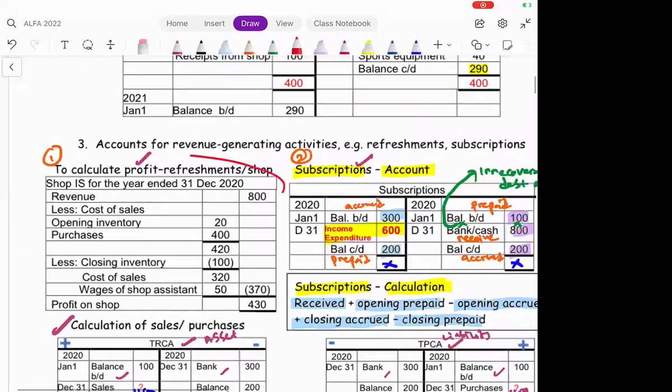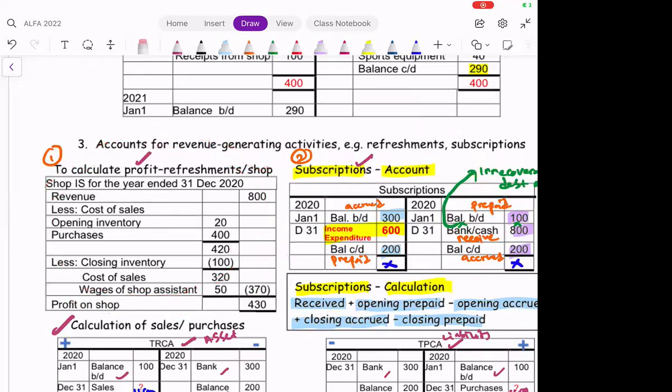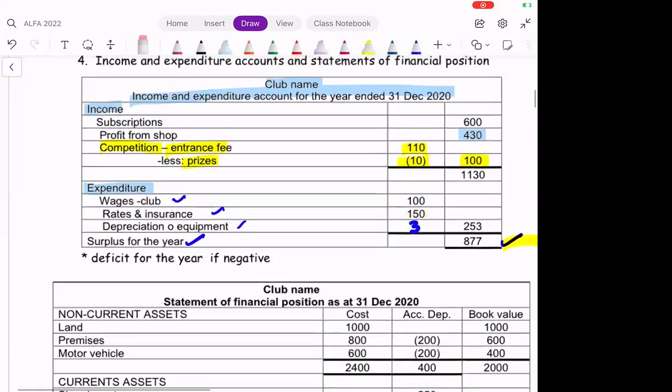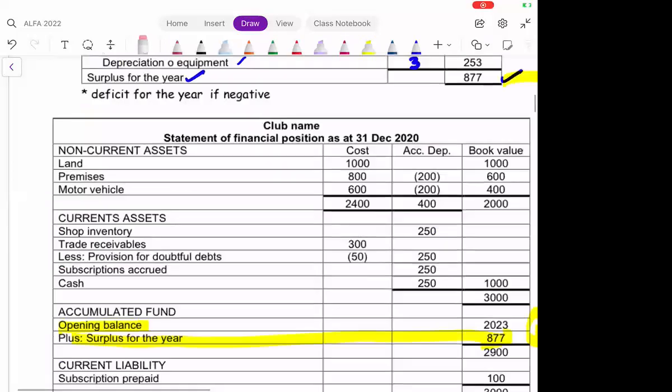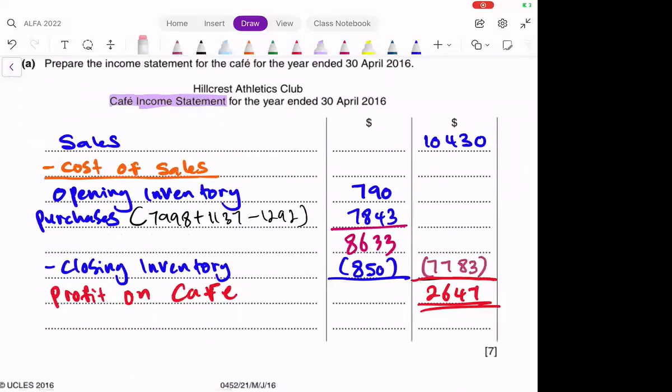Now we are doing an income statement, so we write profit or loss on the cafe or shop. Whenever we do the income and expenditure account, only then will we have a surplus or deficit. Two different accounts, don't get confused. Understand, everyone?